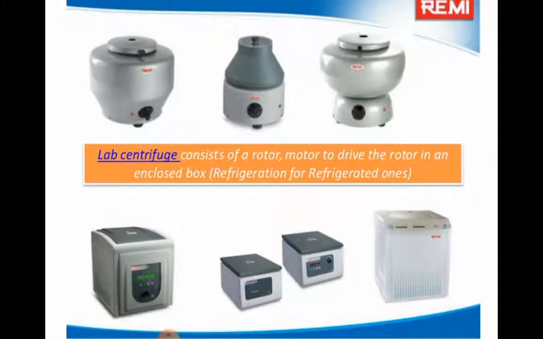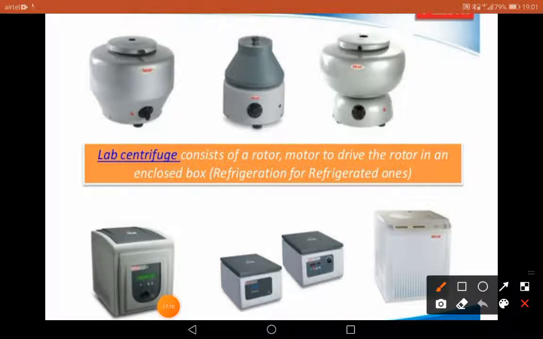These are the examples of benchtop centrifuges, and how they look. So this we have in our laboratory, and we also have this version in our laboratory. So this is a tabletop centrifuge, lab centrifuge, and doctor centrifuge, and this is your medium size centrifuge.